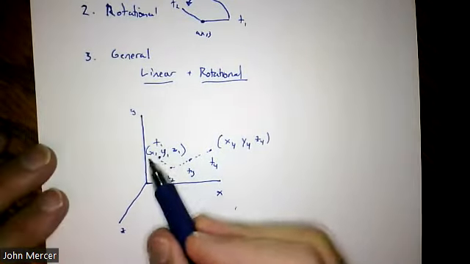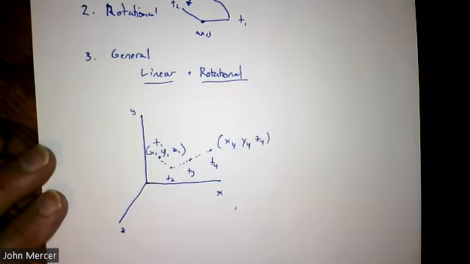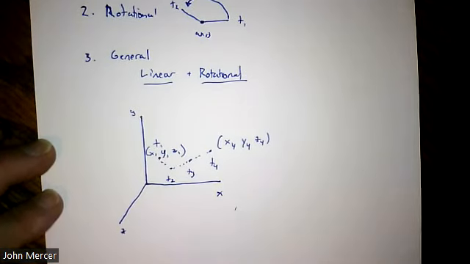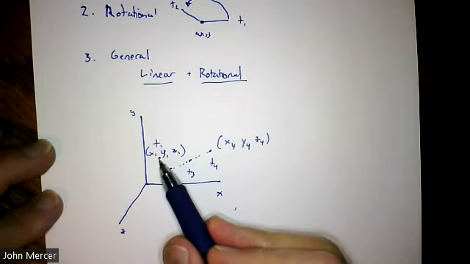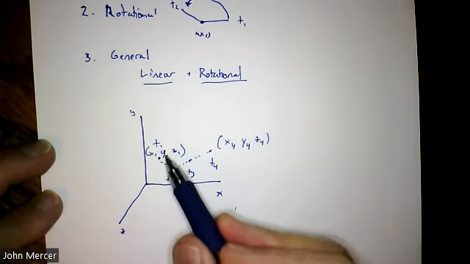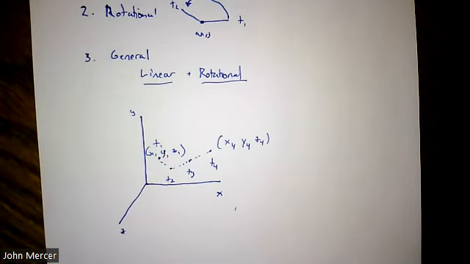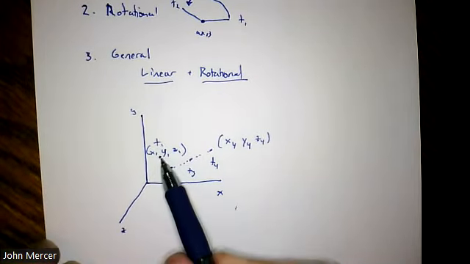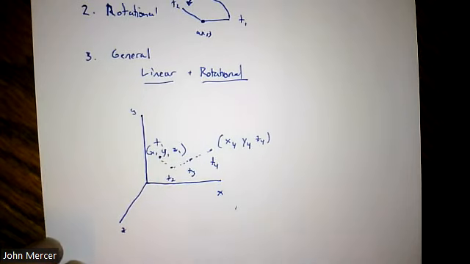Then we can start describing the change in position. I've drawn a single point, so this would be something we would start off with as linear, but it could also be something that is rotating, and we would look at the rotational movement as well.